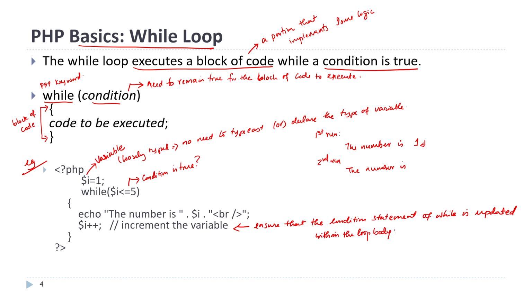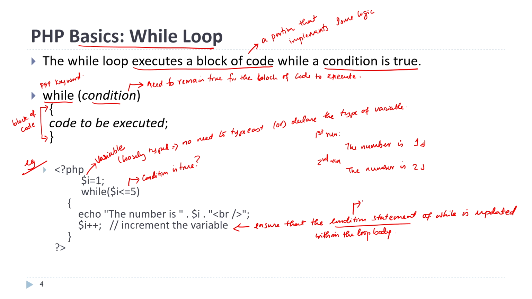You have to make sure that whatever the loop condition is, it is a variable that is incremented every time. So in the second run it will become 2, then 3, 4, 5, and it will print up to 5. At the fifth run it will print 5, and at the sixth the condition will be false and it will exit the loop. But make sure that you increment or update the while loop condition.